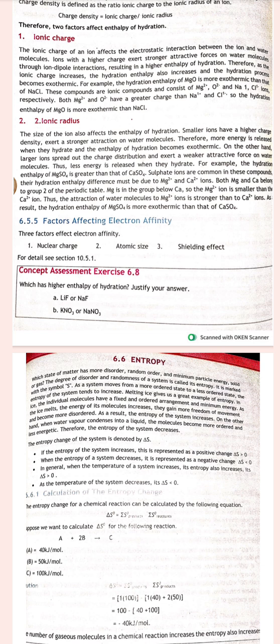As a result, the enthalpy of hydration of MgSO4 is more exothermic than that of CaSO4. So MgSO4 has higher hydration enthalpy compared to CaSO4 because of the ionic radius. Smaller ions have high charge density and their hydration energy is more.